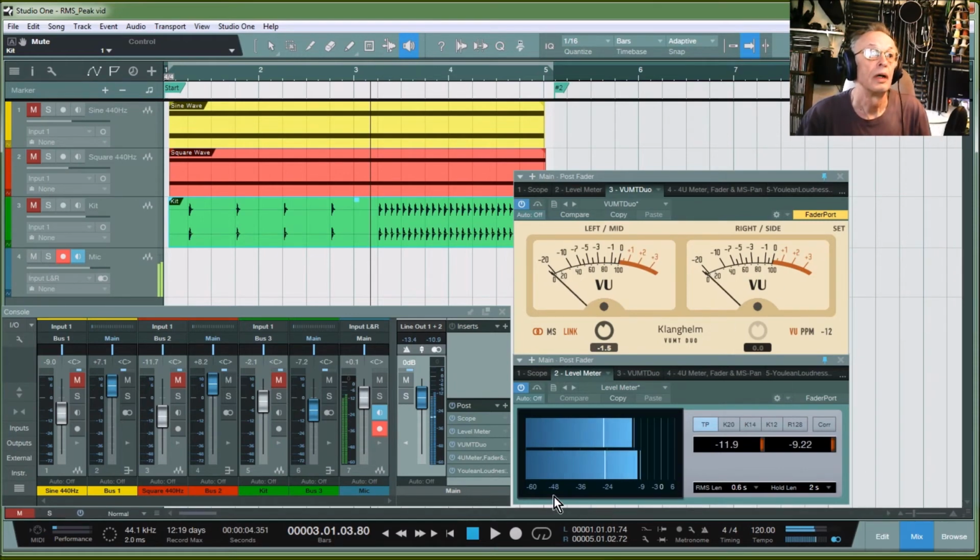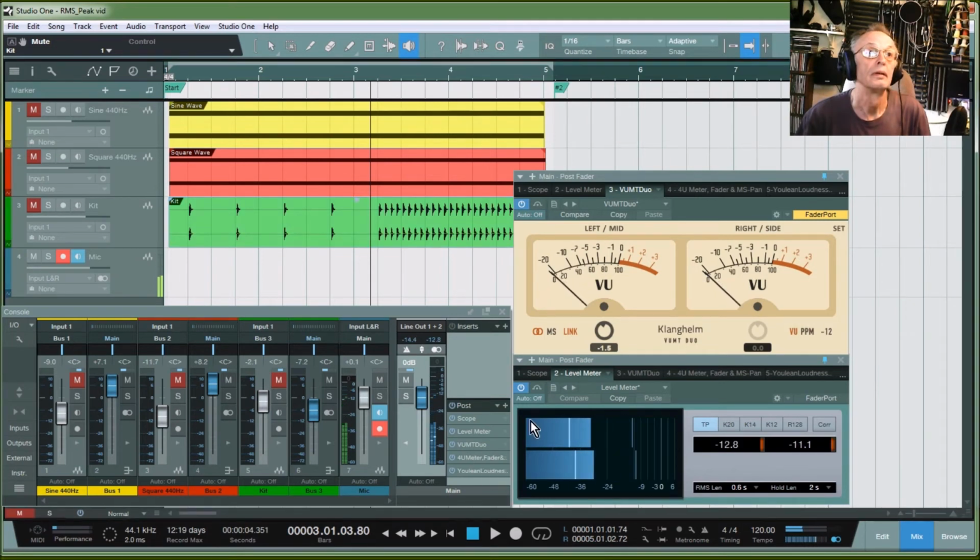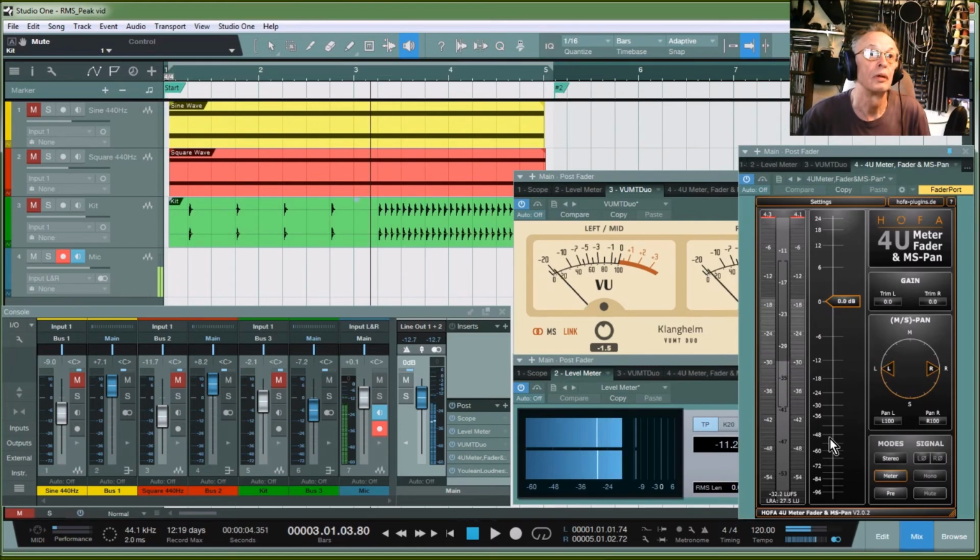Now if we look at a loudness meter, and I've got two here, both of them free. There's the Hoffer one, which reads peak levels and a loudness level, which is this middle bar.